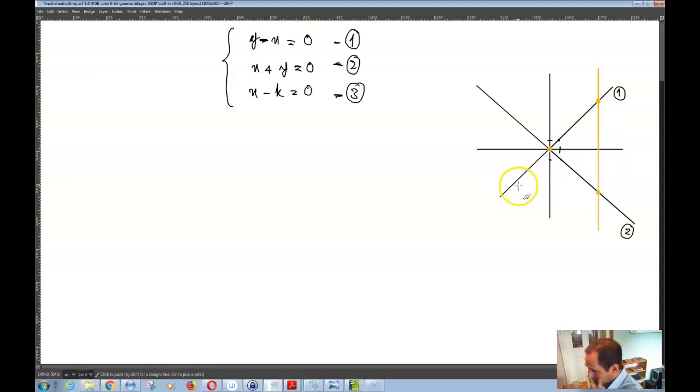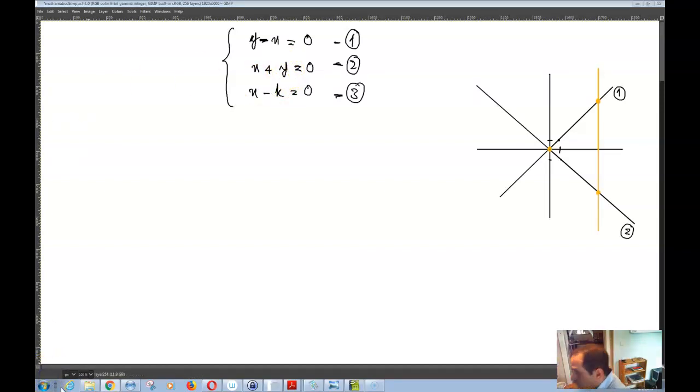And as you can see, the point of intersection of these two lines is the origin, so I don't have to worry about that. The point of intersection of this line with this line and this line with this line, we need to find out what that is.